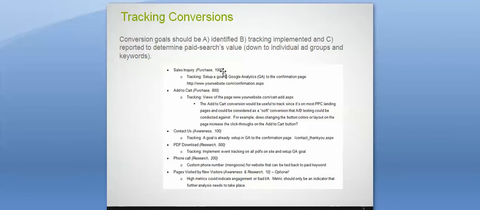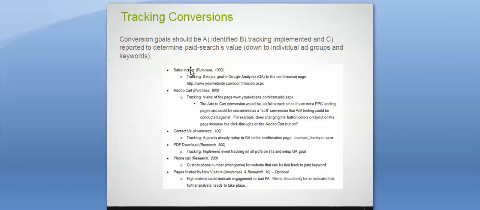So a sales inquiry is worth maybe 1,000 to your business or your clients, while maybe a contact us is earlier in the sales cycle, but it's about awareness and it still has some value. While PDF downloads and phone calls, those are more engaged types of visitors, which probably have a value somewhere between someone doing a product purchase or sales inquiry and just contacting, giving you a call.